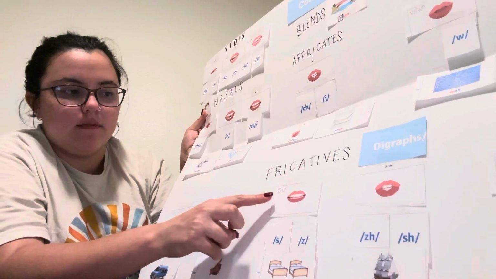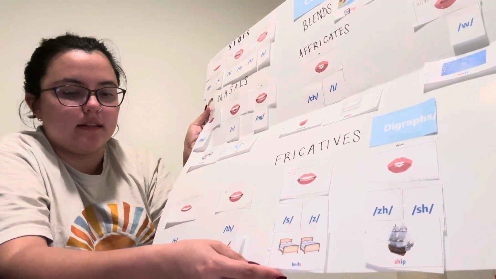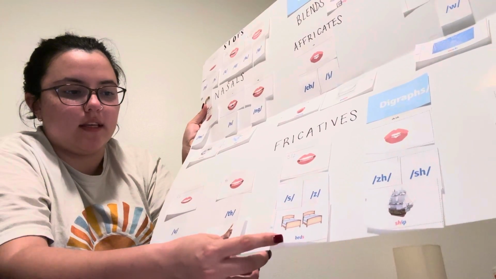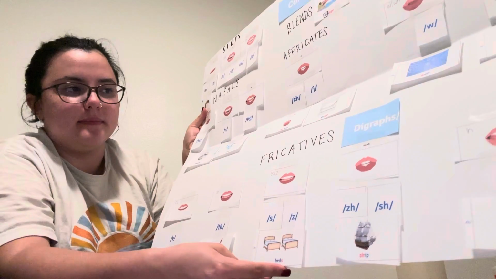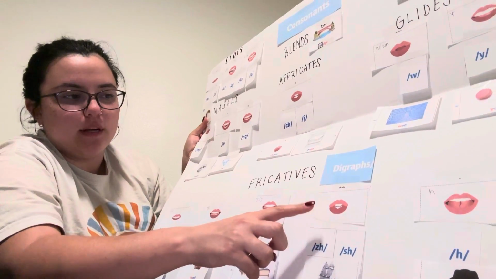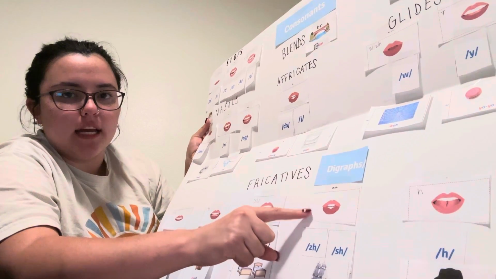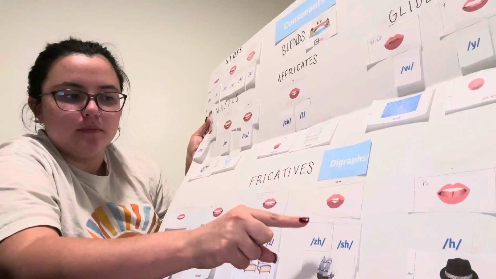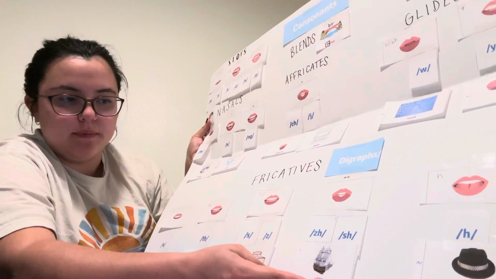The next fricative is S and Z, and we have the word beds. The next fricative is sh and zh, ship.